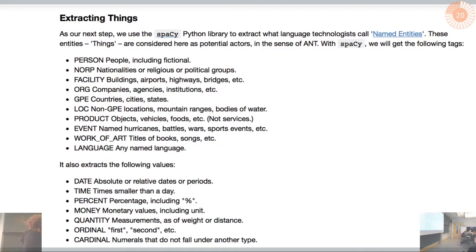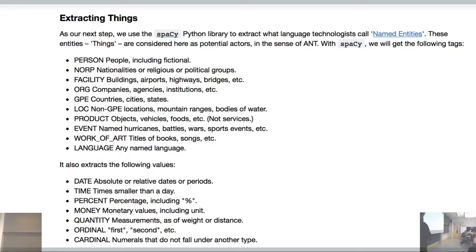And then, in order to link things with the thing linker, we need the things that we're supposed to link. So how do we get the things out of the text? And this is not something I invented. This is the thing in natural language processing and computational linguistics named entity extraction, where you have tools that can look at a text and algorithmically, it's a smart system.